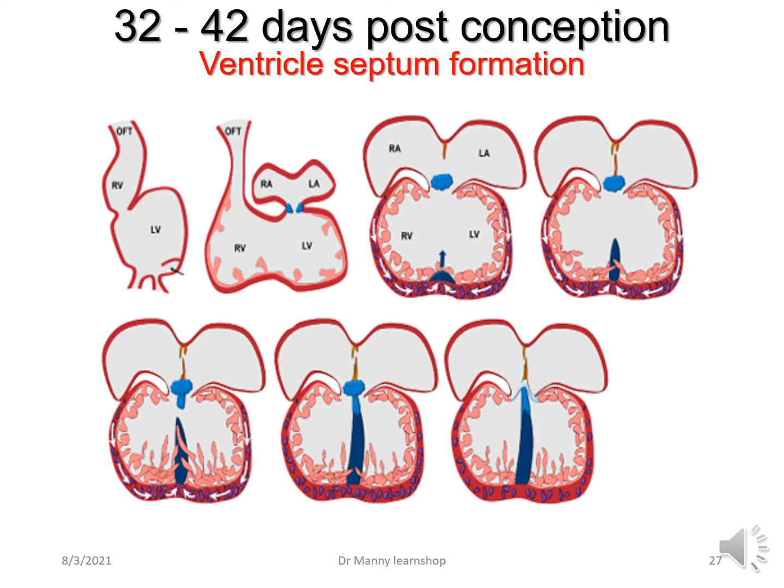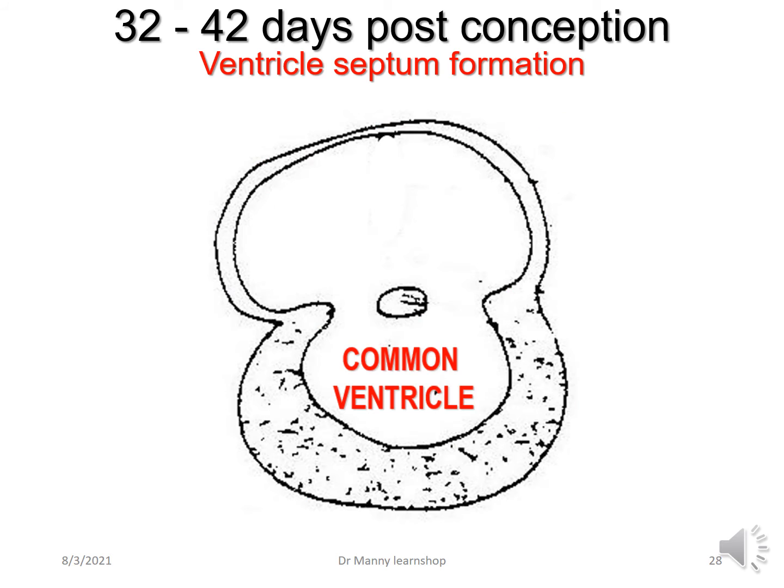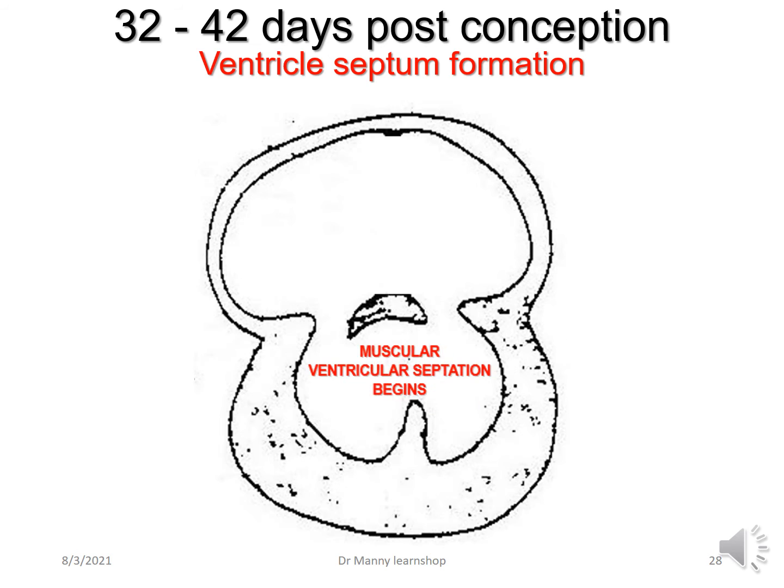If we look at the ventricle now, approximately day 32, day 42 post-conception, the ventricle septum forms. When we look at ventricular septal formation, we commence with the common ventricle, just as we did with the atria. There's no septum. However, approximately day 32, the muscular ventricular septum or septation begins.